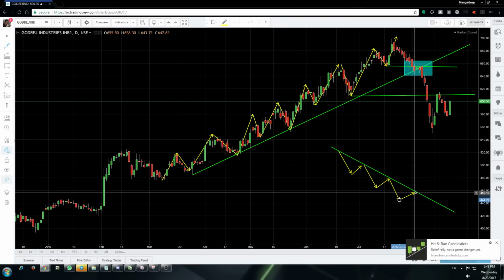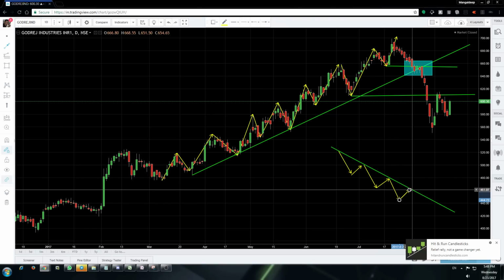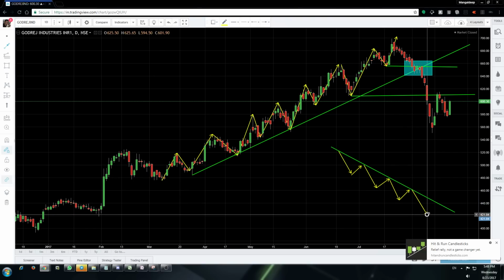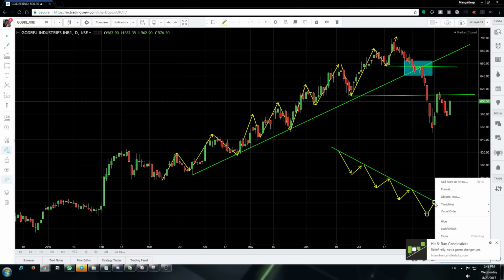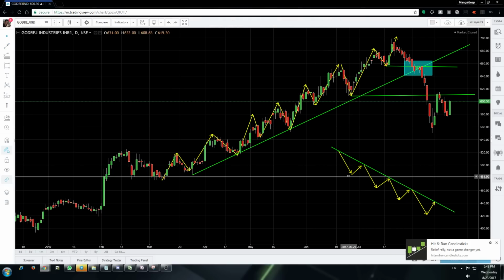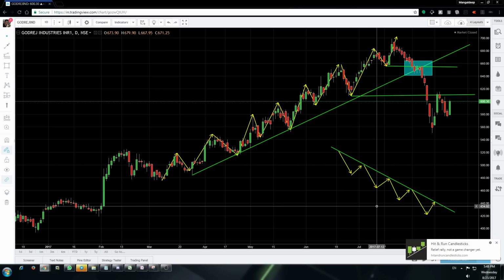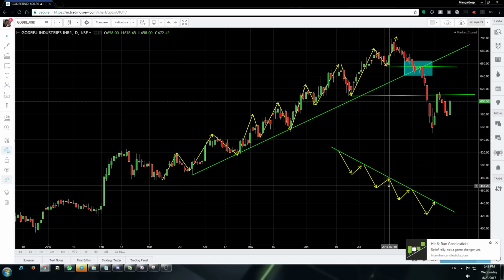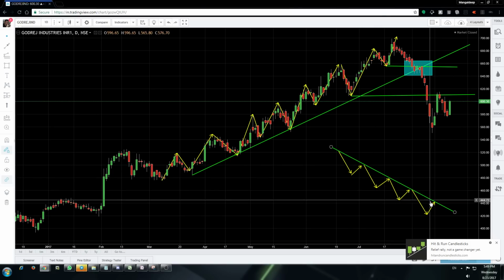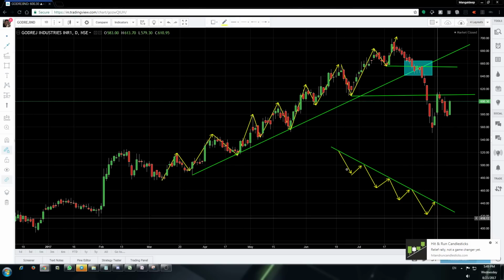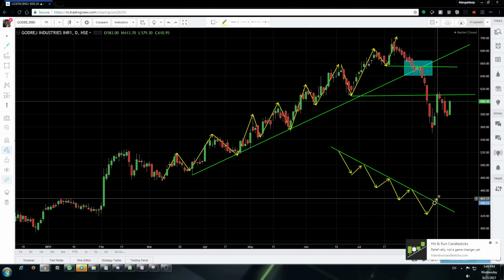Now this is making continuous lower lows and lower highs, which gives us the confirmation that this is nothing but a downtrend.